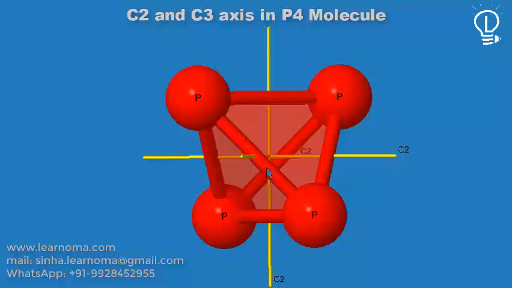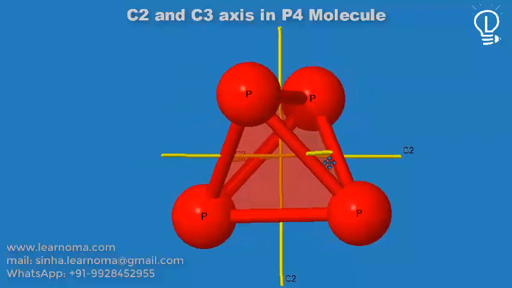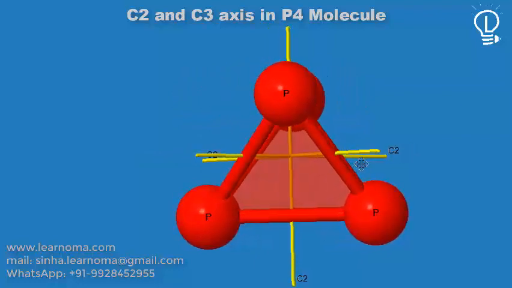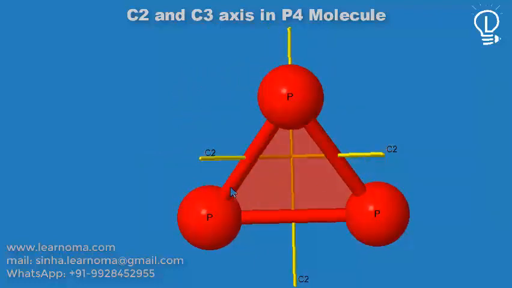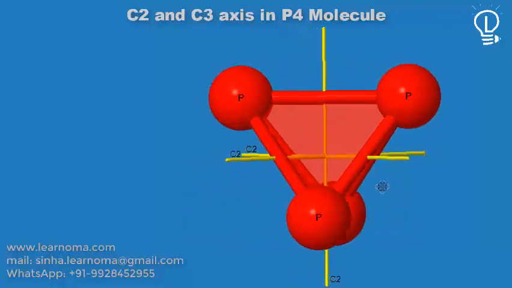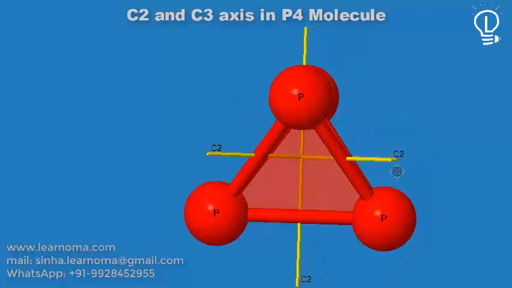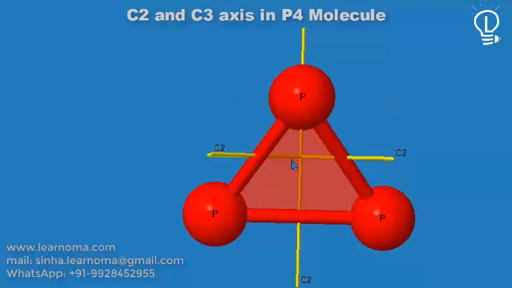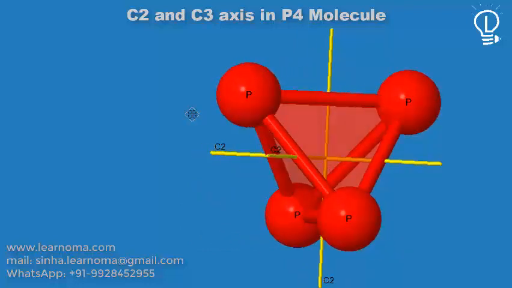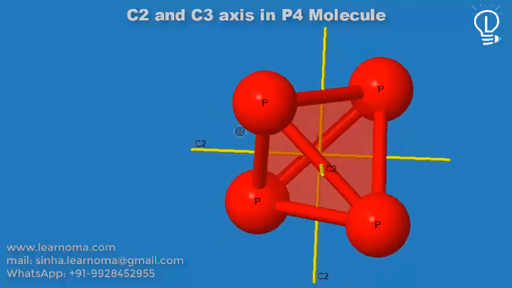If the molecule rotates by 180 degrees along this axis, see, next this, and again it is coming to this position. For every 180 degree rotation, it comes to its original position. In the same manner, this axis also behaves as a C2 axis.